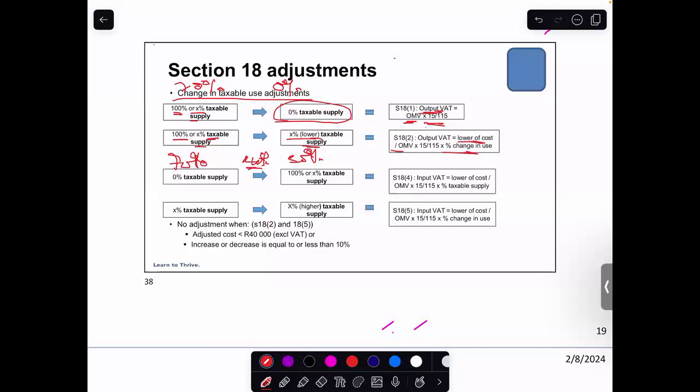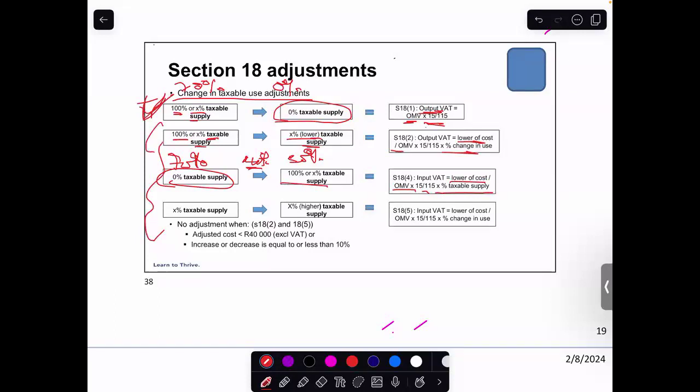Moving from 0% taxable supplies to 100% taxable supplies, we'll now calculate VAT on the lower of cost or market value, times 15 over 115 times taxable supplies. It's rare for them to examine us on this one. Let's just pay attention to the first one. I don't think they will take us to these other options because they are a bit challenging.